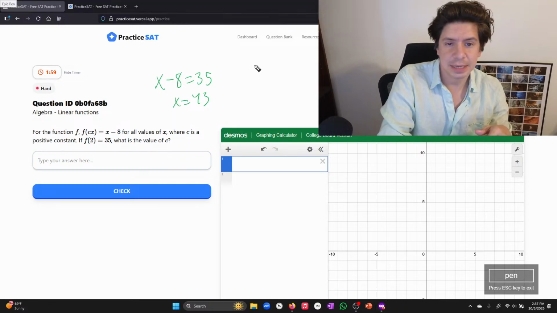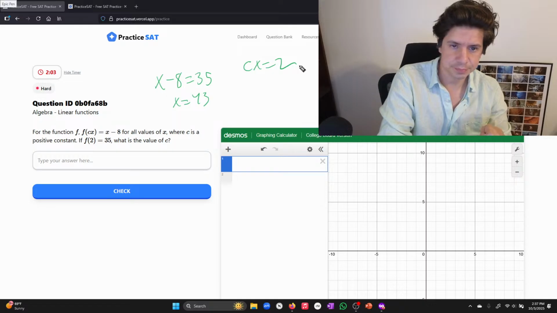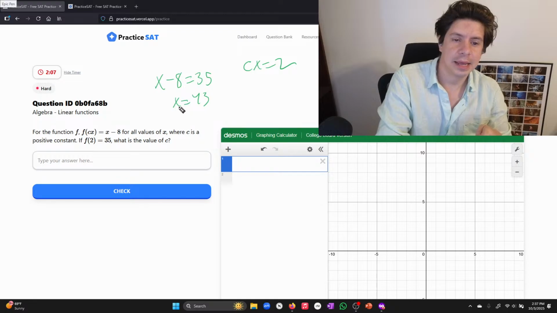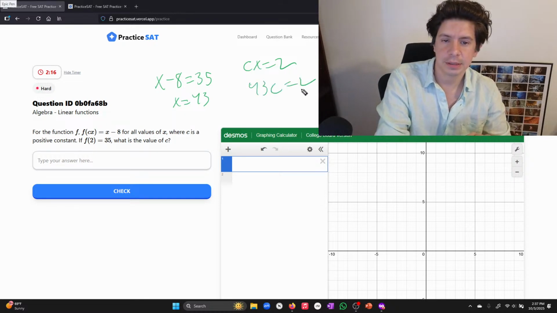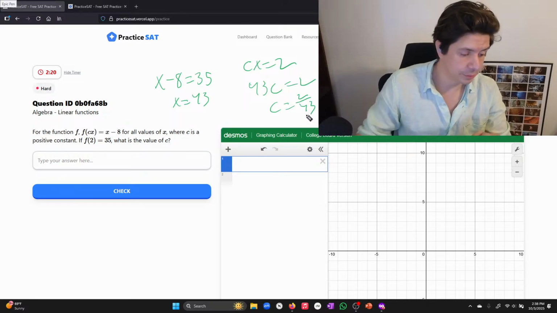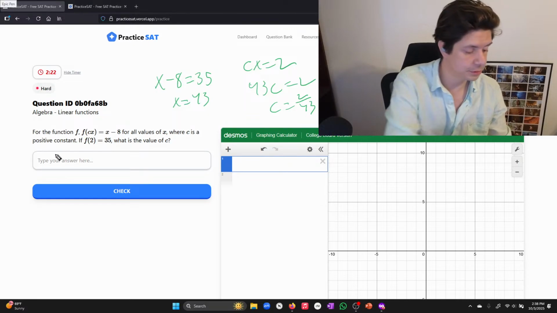You say Cx equals 2, and then x equals 43. So if x equals 43, 43c equals 2. C should equal 2 43rds. Let's see if I'm right. I might be totally off on this one, honestly.